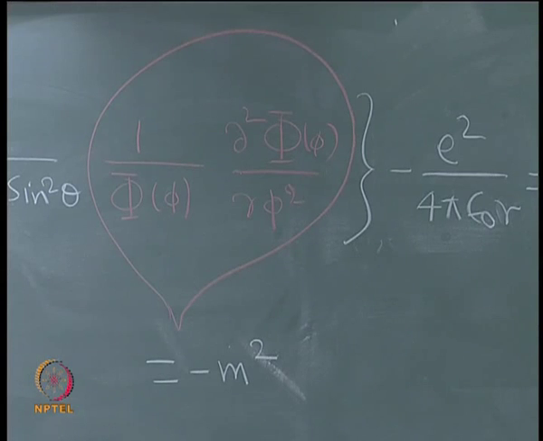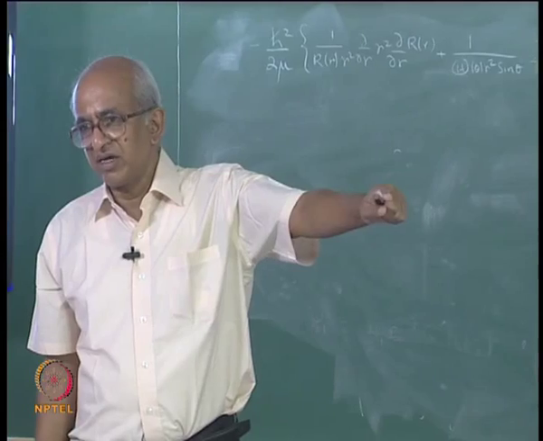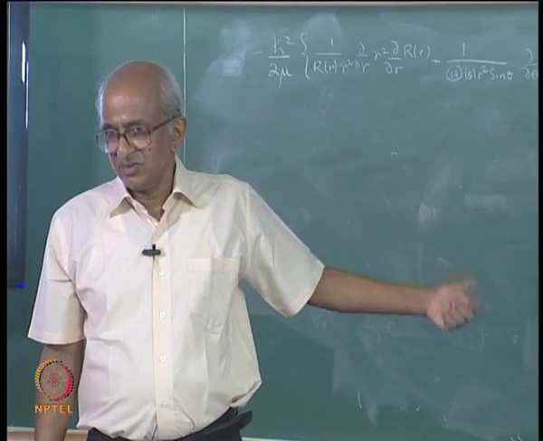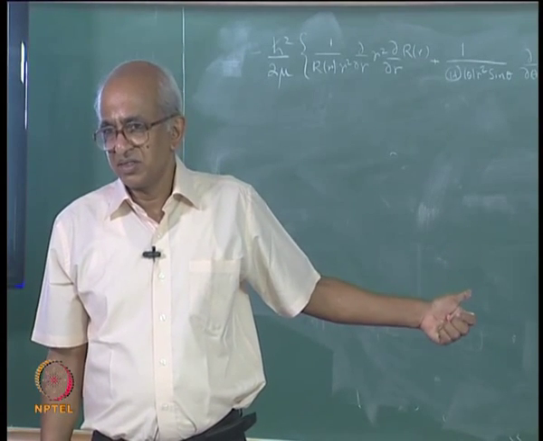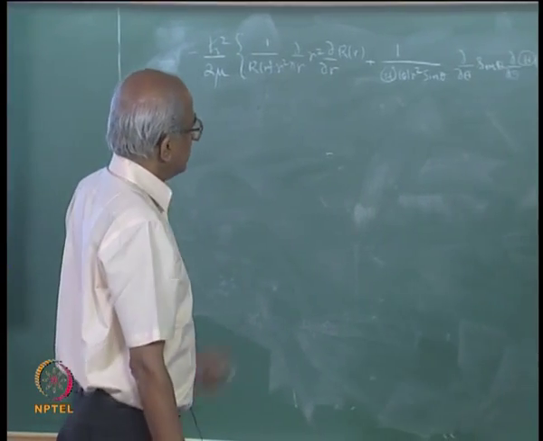You should not confuse this with the mass of the electron. It is not the mass of the electron. Eventually it will turn out to be the magnetic quantum number, and as you know, magnetic quantum number is usually denoted by the symbol m. So I am not going to change the notation. So what is the conclusion?